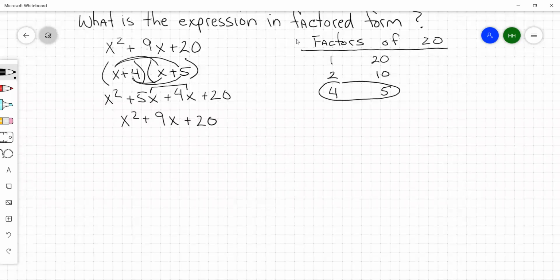Let's try x squared plus 14x minus 72. So now we're going to list the factors of 72.